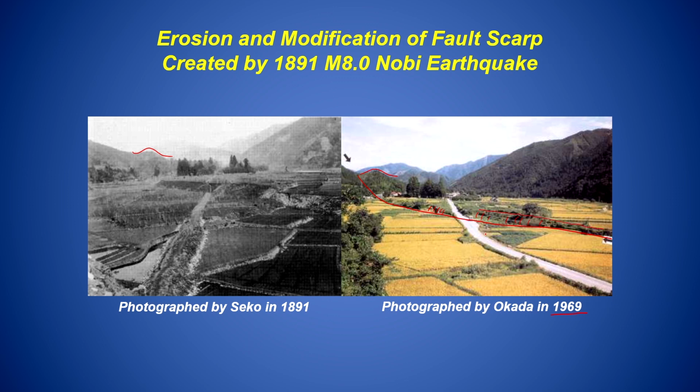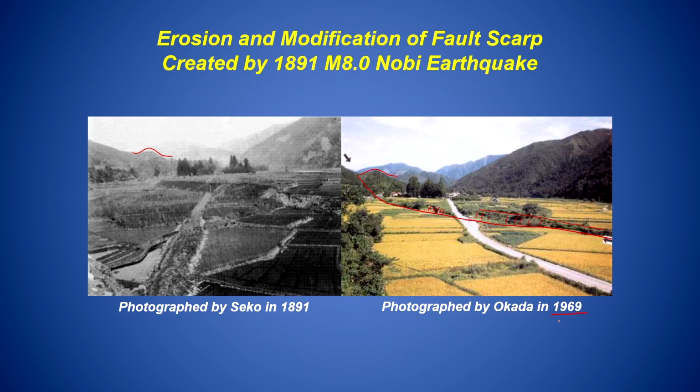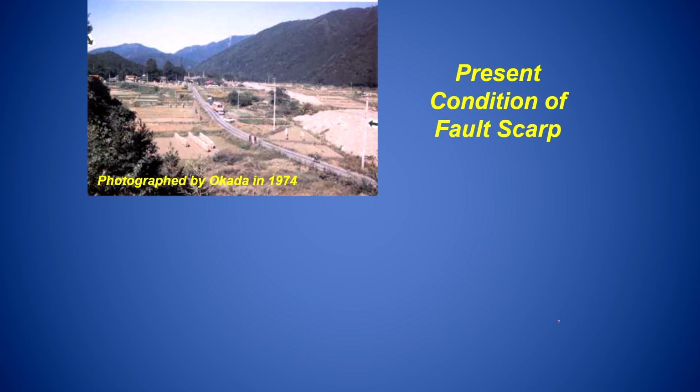A road has been constructed. Now, let us see further, because as time passes, erosion will modify the scarp. At the same time, human activity, anthropogenic activity, can also modify this type of evidence. The previous one was from 1969, and this photograph is from 1974. In 1974 you can also see the scarp over here.